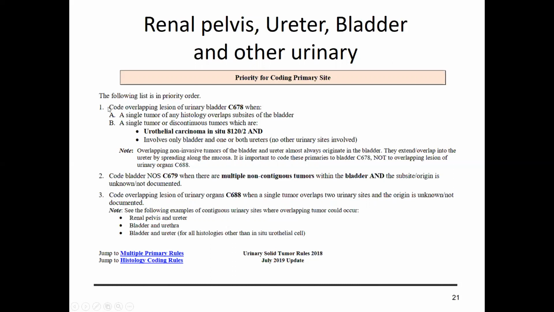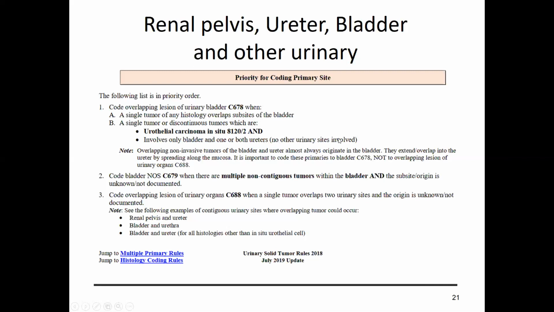So let's look at number one, coding the overlapping lesion of a urinary bladder. So this is one lesion that's big enough to overlap different subsites, which is what 1A states. 1B is a single tumor or discontinuous tumors, which are urothelial carcinoma in situ, and it involves only the bladder and one or both ureters.